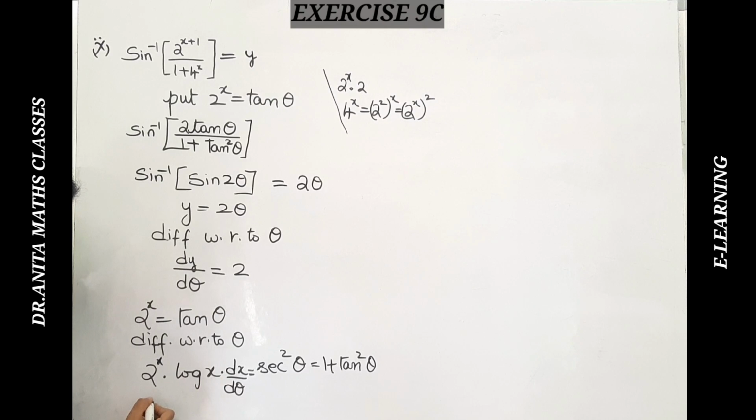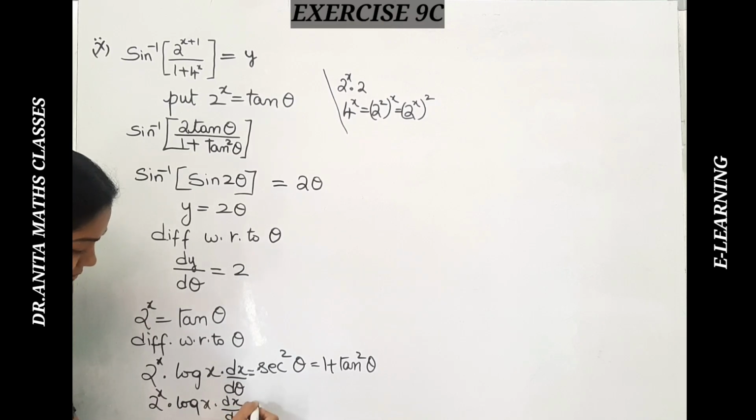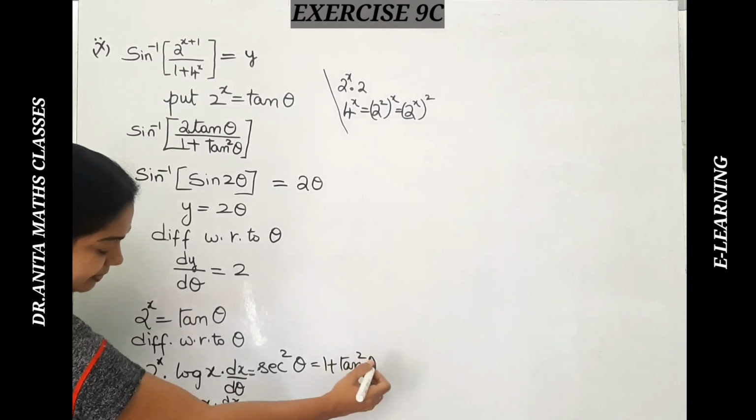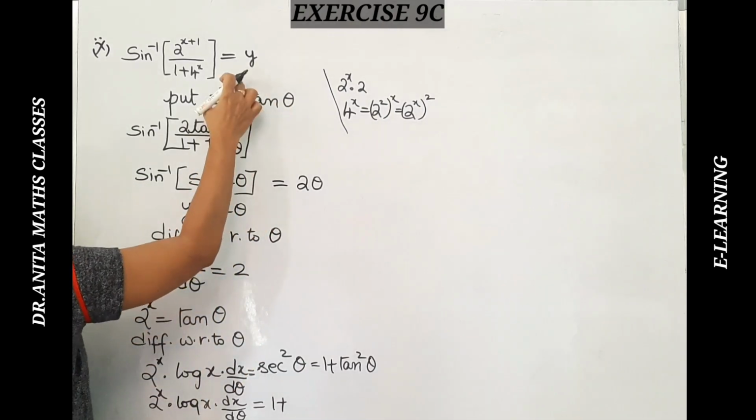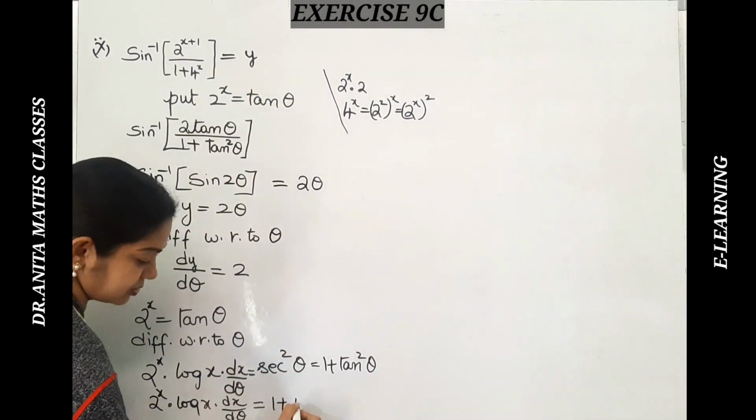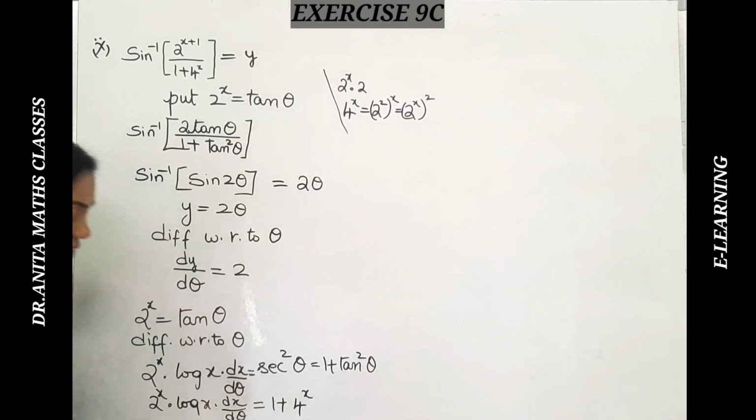So 2 raised to the power of x into log 2 dx by d theta is equal to 1 plus tan square theta, that is 1 plus 2 raised to the power of x whole square. So again that comes to 1 plus 4 raised to the power of x.